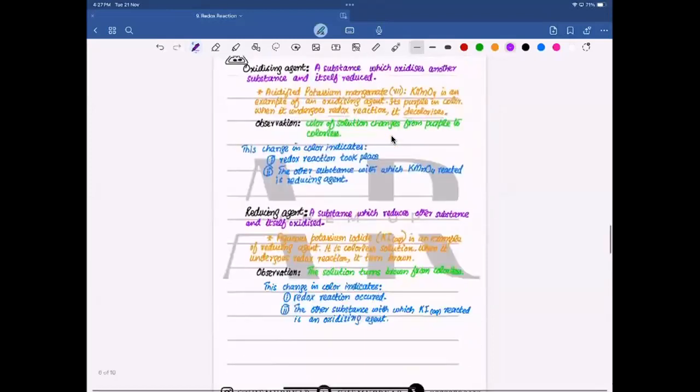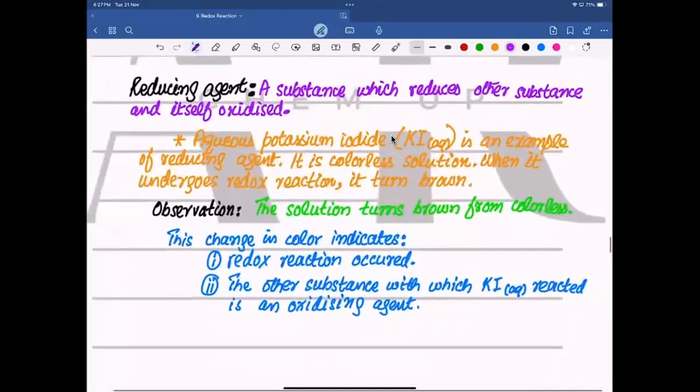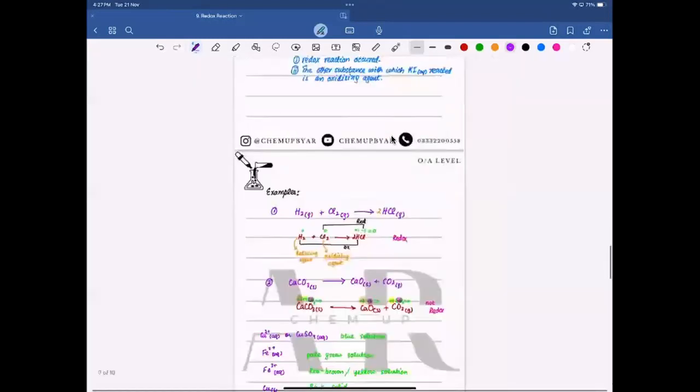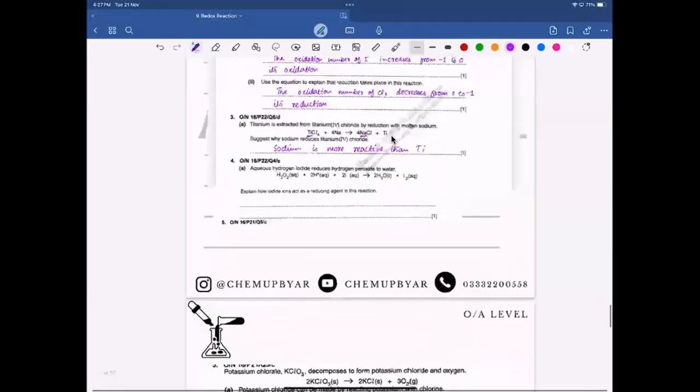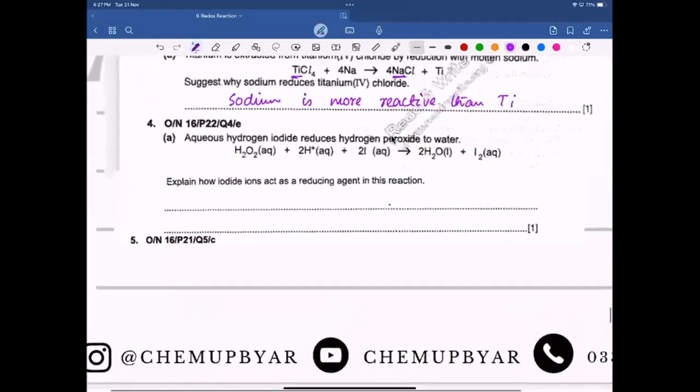See, a reducing agent is a substance that reduces another substance and itself oxidizes. So if it itself oxidizes, whether it loses the electron or gains the electron, it loses the electron. So we'll write in that way.